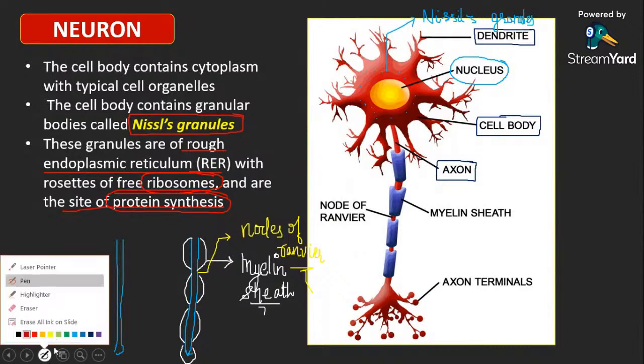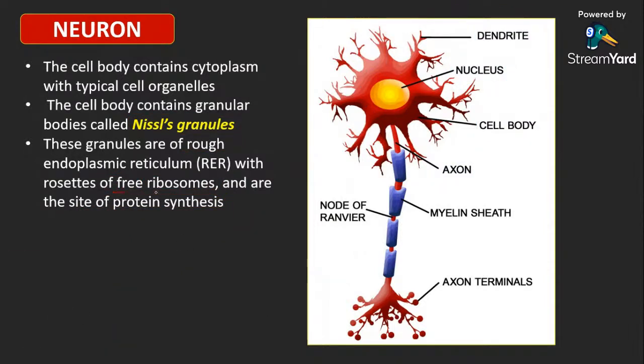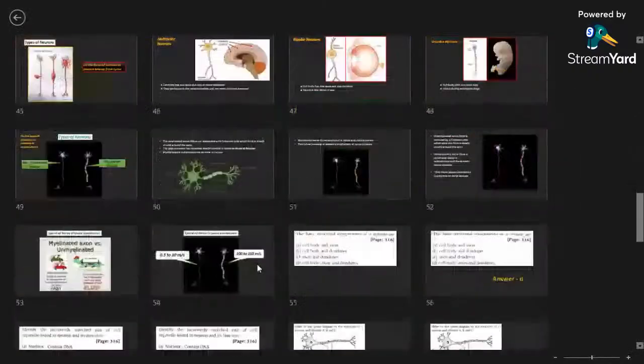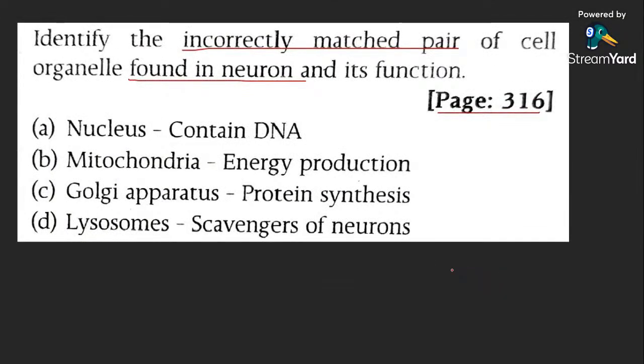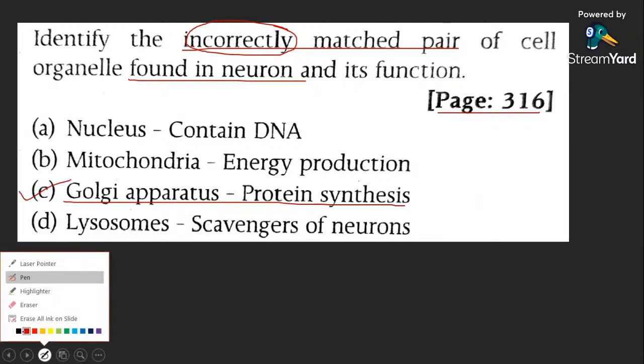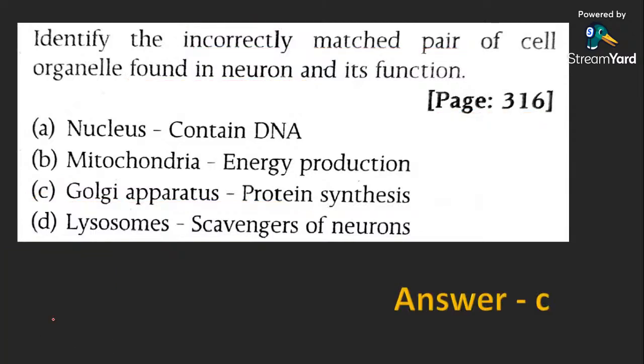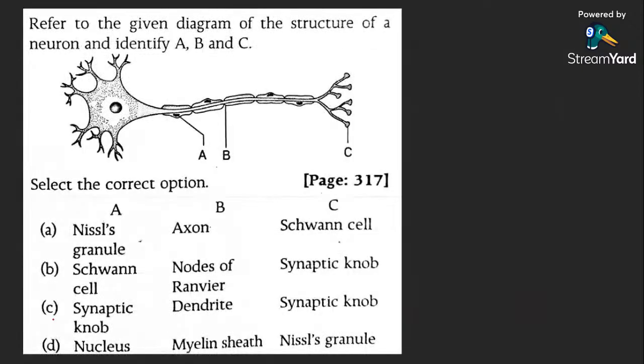These granules, free ribosomes, are the sites of protein synthesis. In the question over here, Golgi apparatus protein synthesis is incorrectly matched. Option number C will be the correct answer for this question. Is it clear? Let's move on to the next question.